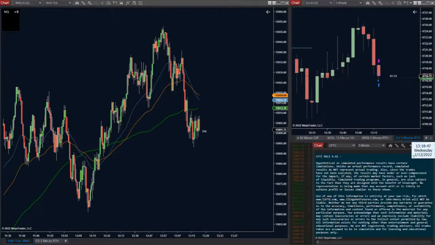Now, the NASDAQ, on the other hand, really looks like it's got some issues. The S&P's catching up now. That's a big old bear bar.